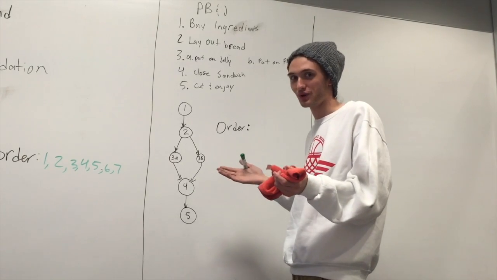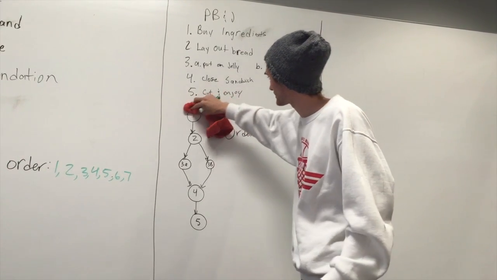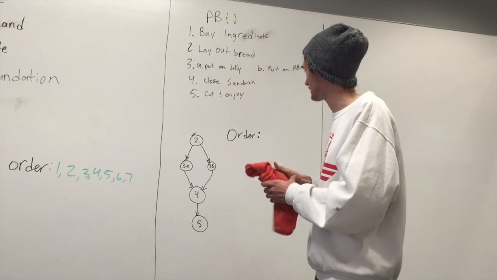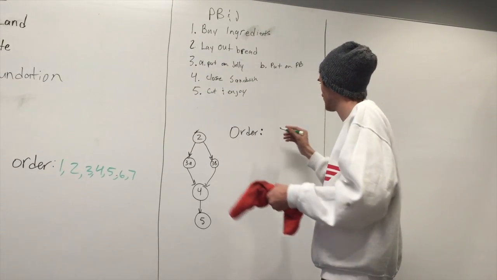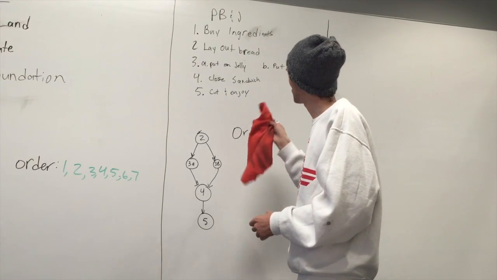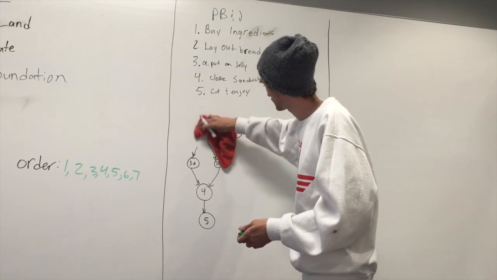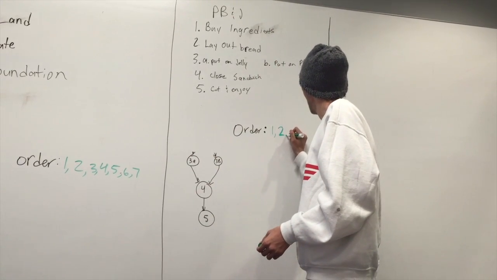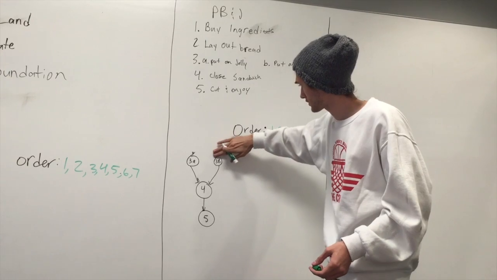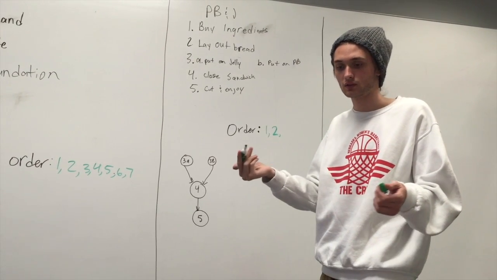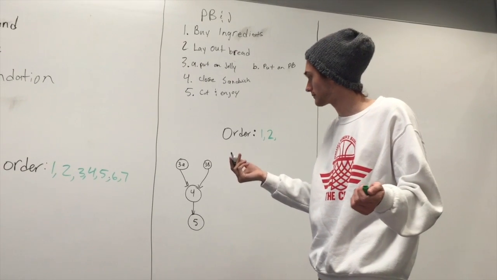So for this one, we're basically just going to take the first one here, which would correlate to buying ingredients, put that in the ordering. Next, you'll go to 2, laying out the bread. Then here's where you choose. Like we were talking about in the algorithms, there's different algorithms that do different things.